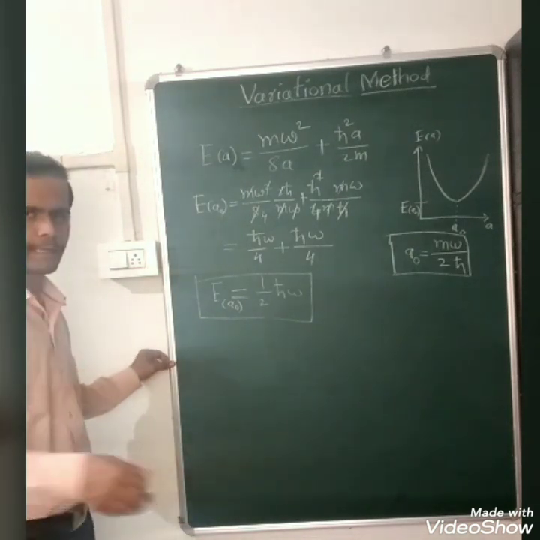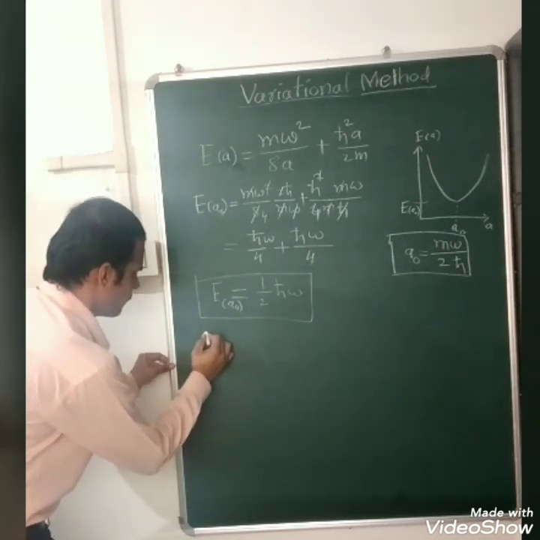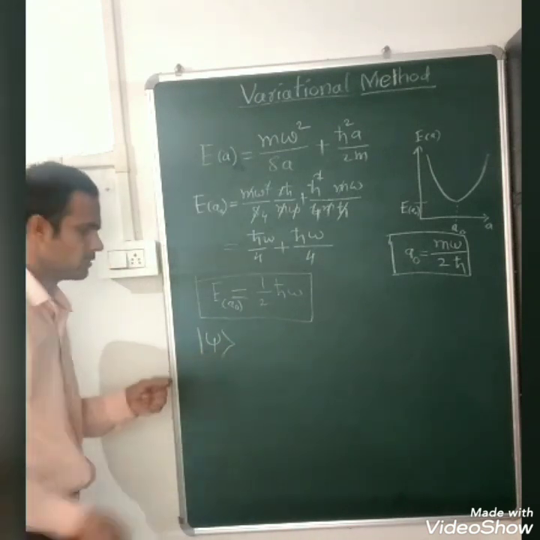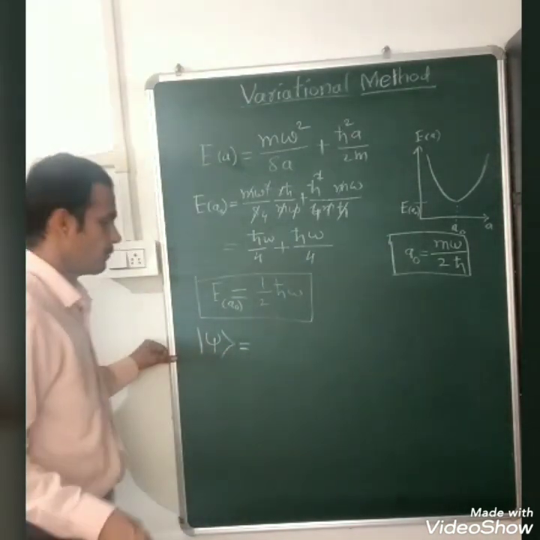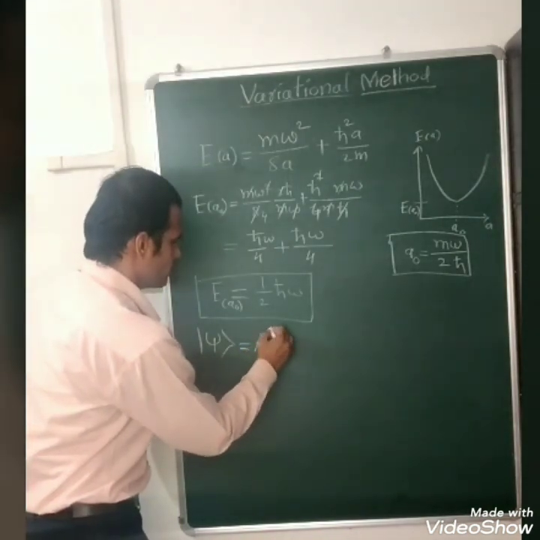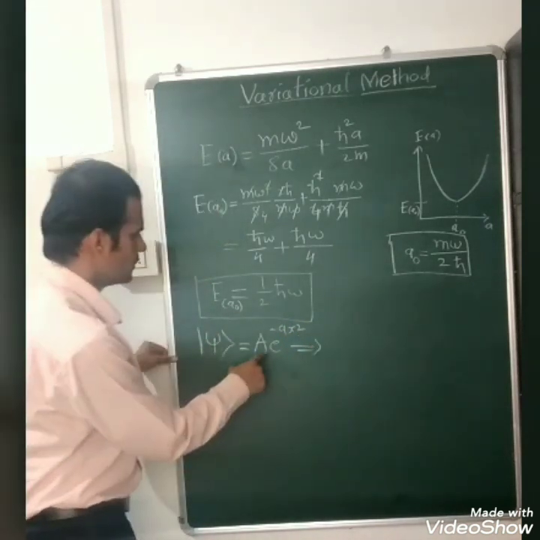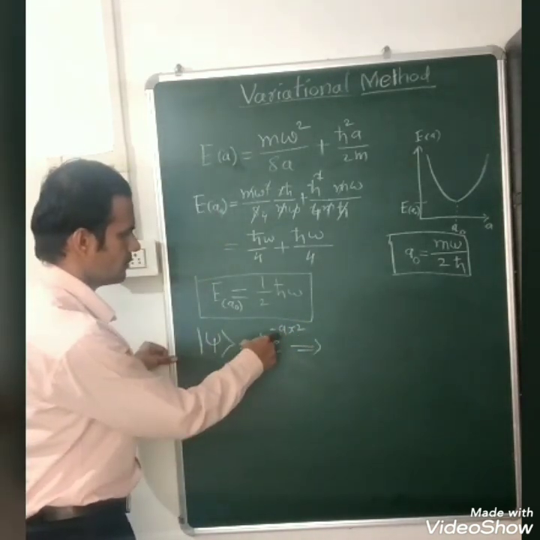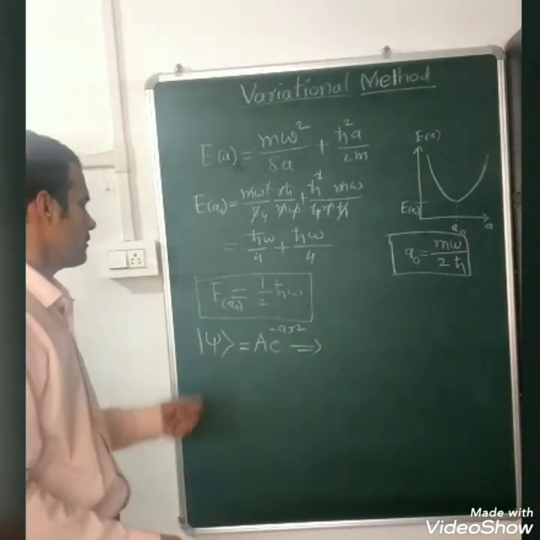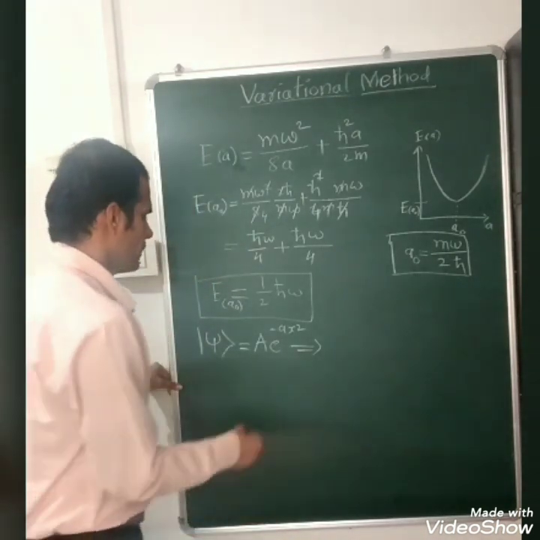Now we can also extend this to find the wave function. We have a trial wave function, e raised to minus a x square. If we substitute the value of small a, then we will get the wave function for the ground state of the harmonic oscillator.